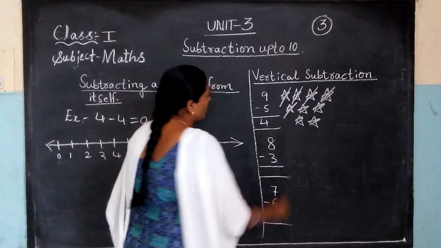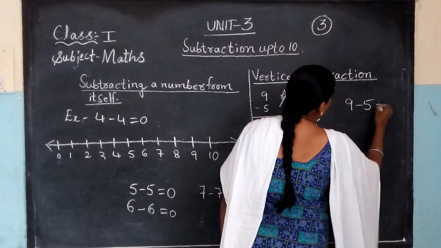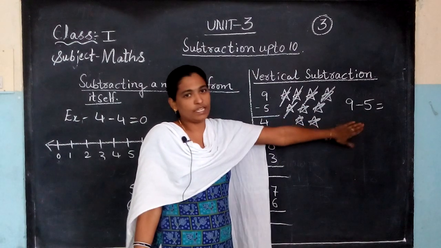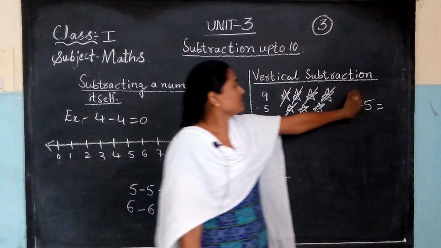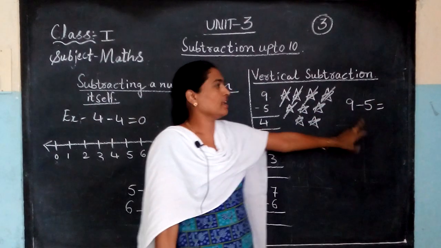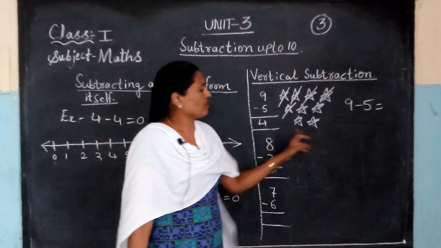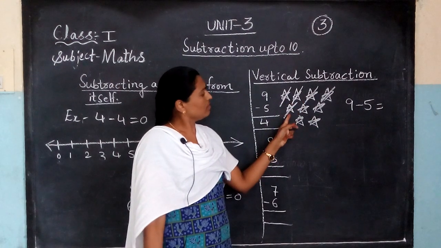Now again, 9 minus 5. This is a sleeping line, which means horizontal. A standing line means vertical, and a sleeping line means horizontal. Keep 9 in the mind. I took 9 stars, and you cut off 5.